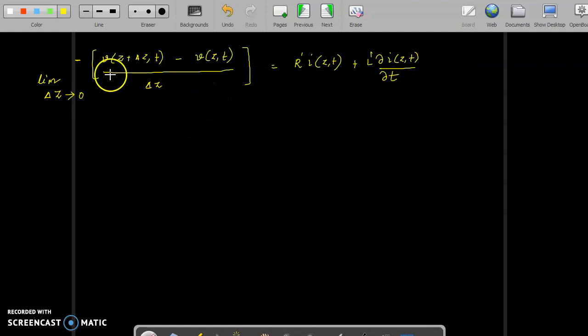Now if you see this expression, this is a change in voltage over a length. So the change in voltage over a length when delta Z becomes 0 can be represented in partial derivative form, and this is equal to this term.